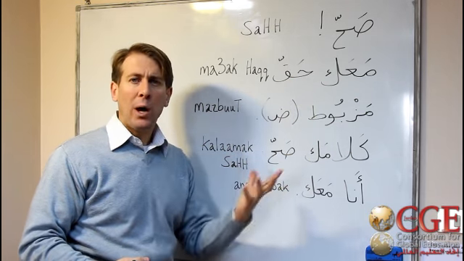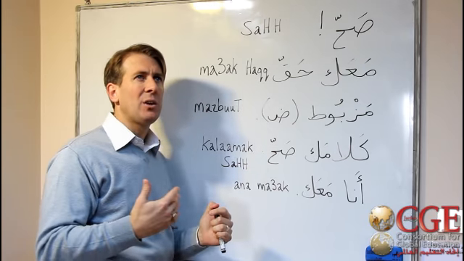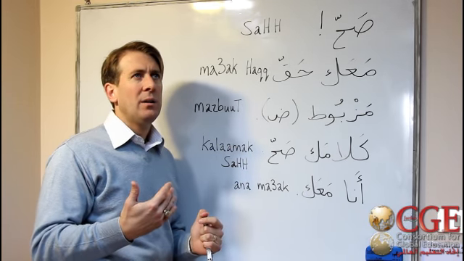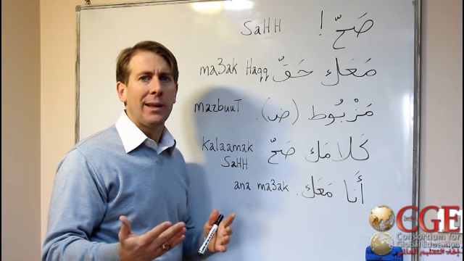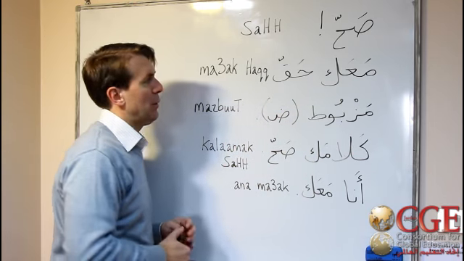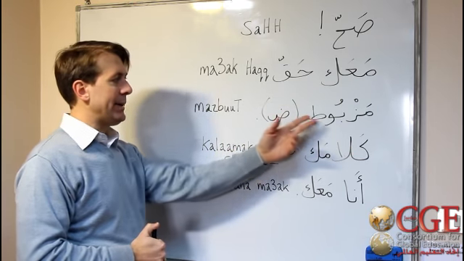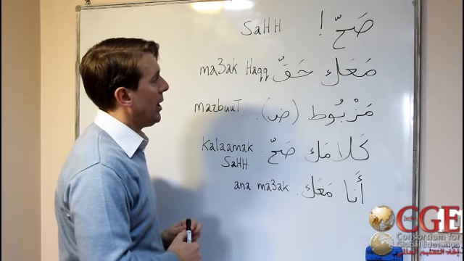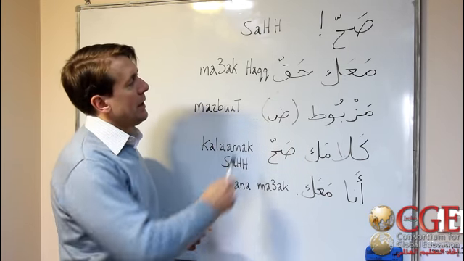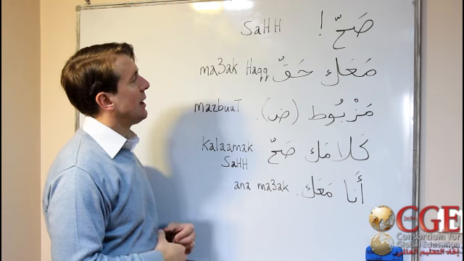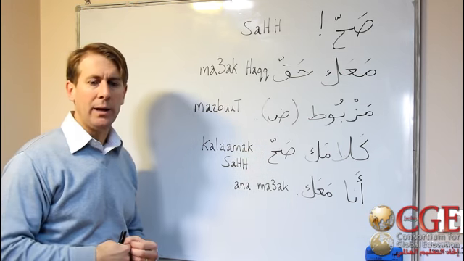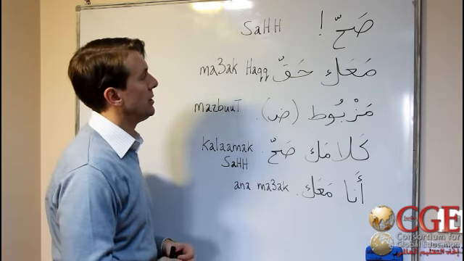Haq means like a right. So it means kind of like you are right, but not in the sense that we would say the word right. We're going to see that in a minute. Anyway, ma'ak ha means kind of like you're right. What you're saying is true.